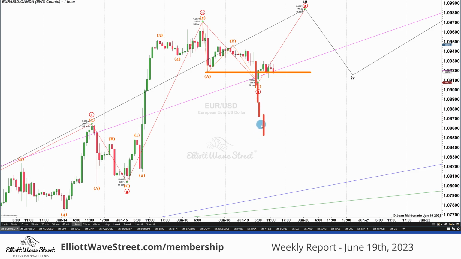Imagine someone buying because there is a divergence on the 5-minute chart, or because there is a hammer on the 61.8 or the 50%. That's crazy, right? But instead of doing this type of approach, that doesn't work because you are going against the momentum, wait for the rejection. And there we have our trade.